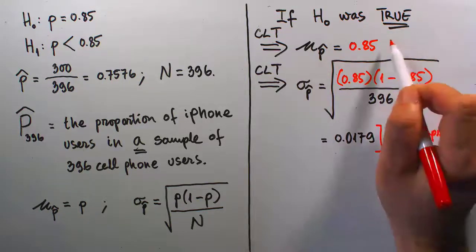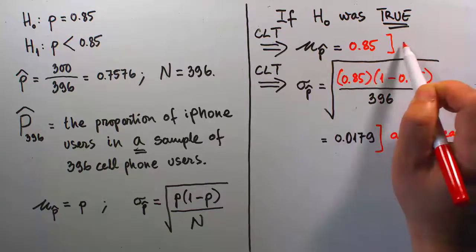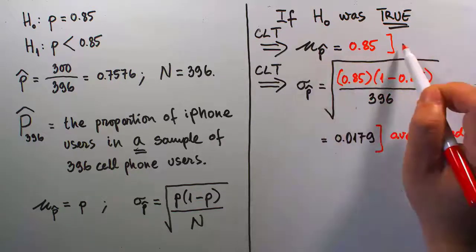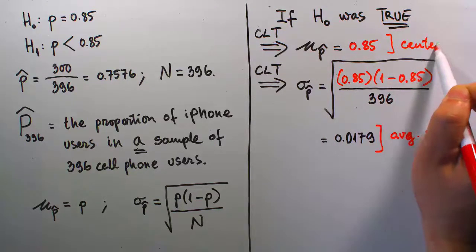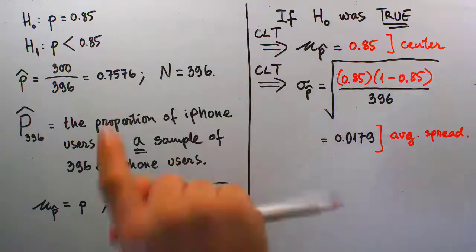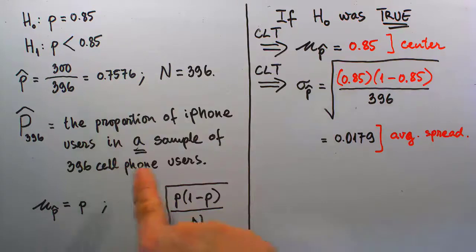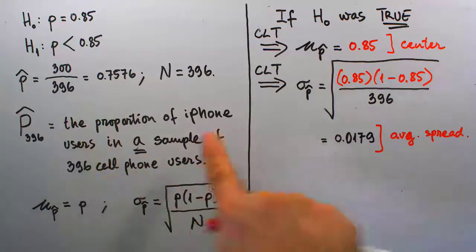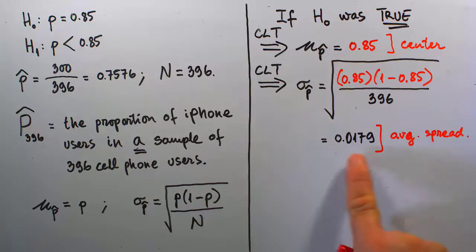And so of course, this 0.85, the mu p hat, is the center of all sample proportion values, because our evidence, our sample, is one among all of those sample proportion values. And so here's the center, and this value here is the average spread.